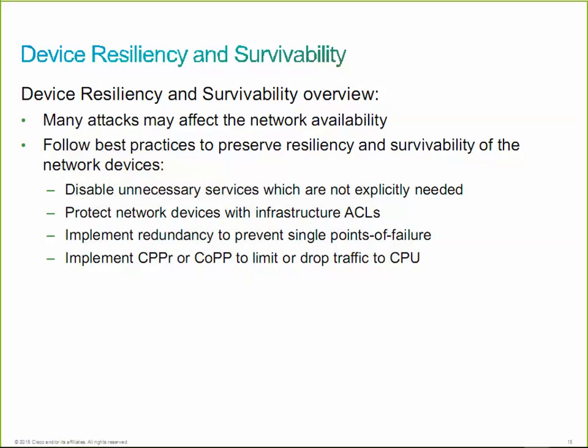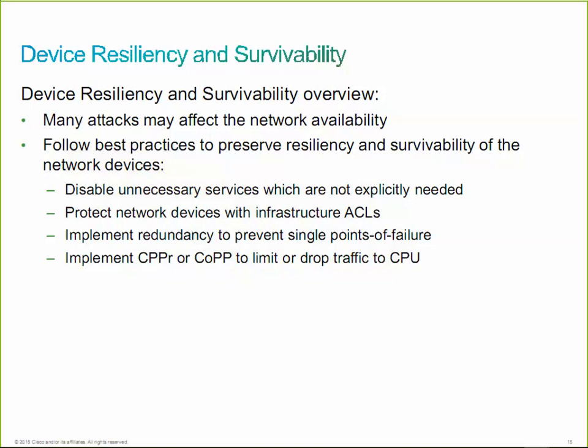This is based on policies that are applied to a virtual aggregate CPU-bound queue, that is called the control plane interface. Very, very important function here. By the way, this is not enabled by default in any fashion. So there is no default protection against control plane attacks, okay?